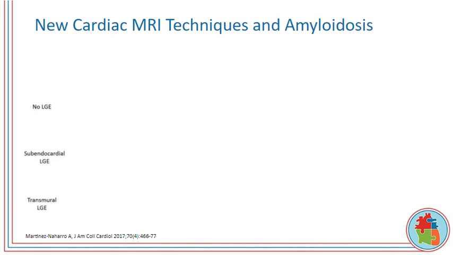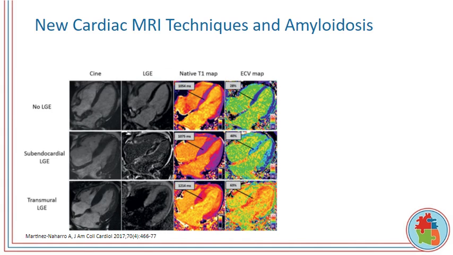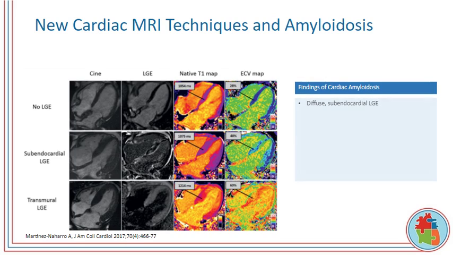Cardiac MRI can also be a very useful tool to confirm the diagnosis of cardiac amyloidosis. Traditionally, late gadolinium enhancement, or LGE, was the only diagnostic tool available. Diffuse subendocardial gadolinium enhancement is a classic finding of cardiac amyloidosis, though other LGE patterns can also be seen with lower sensitivity and specificity.